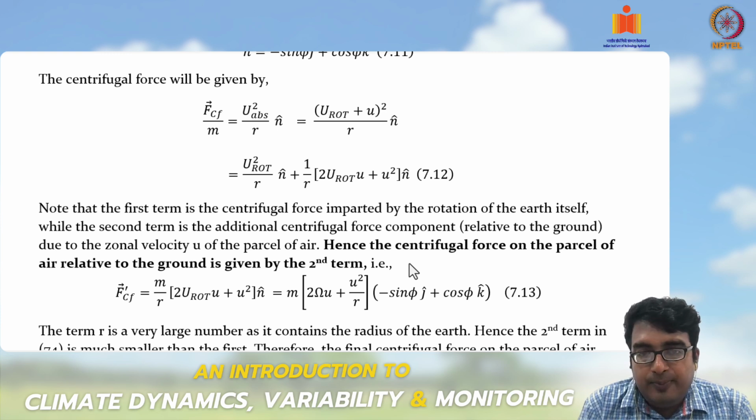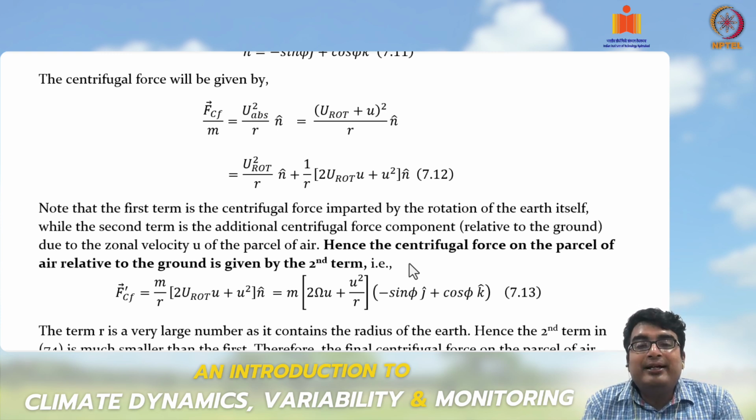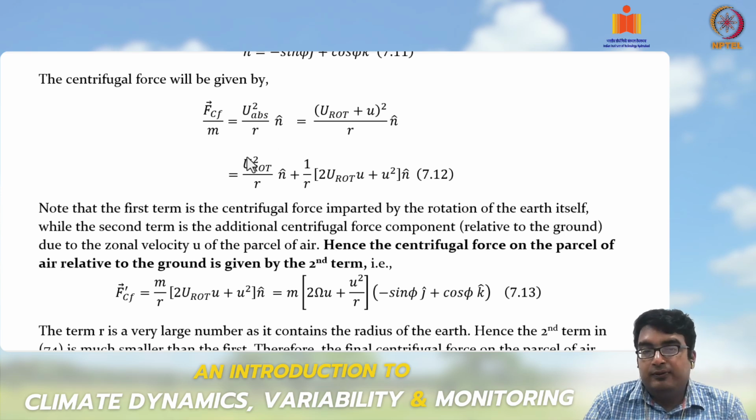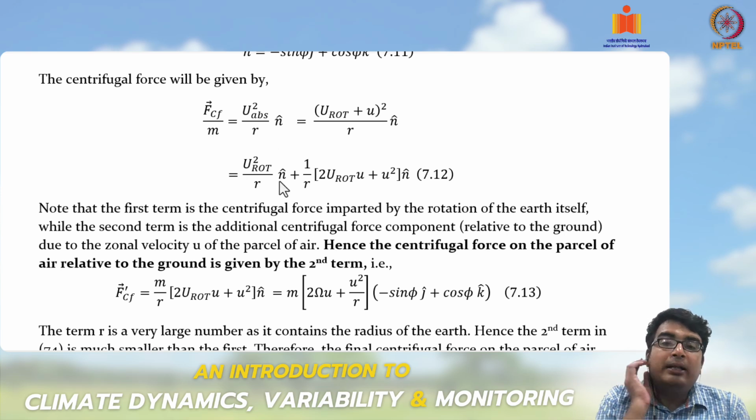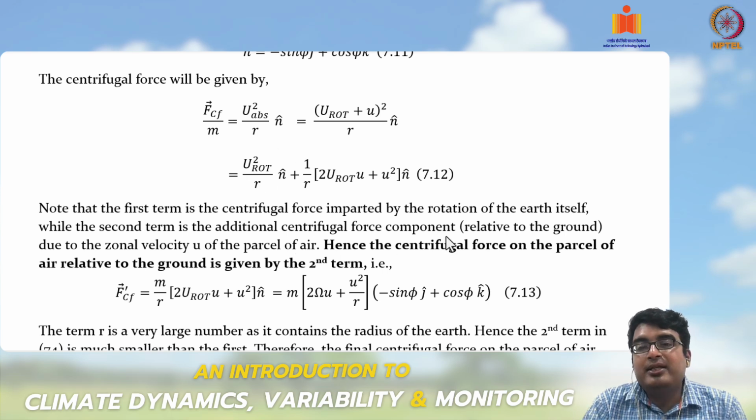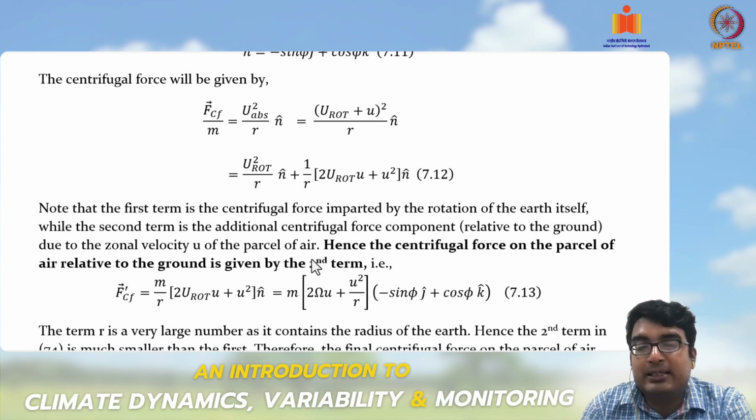The first term is the centrifugal force imparted by the rotation of the earth itself. While the second term is the additional centrifugal force component relative to the ground due to the zonal velocity u of the parcel of air.